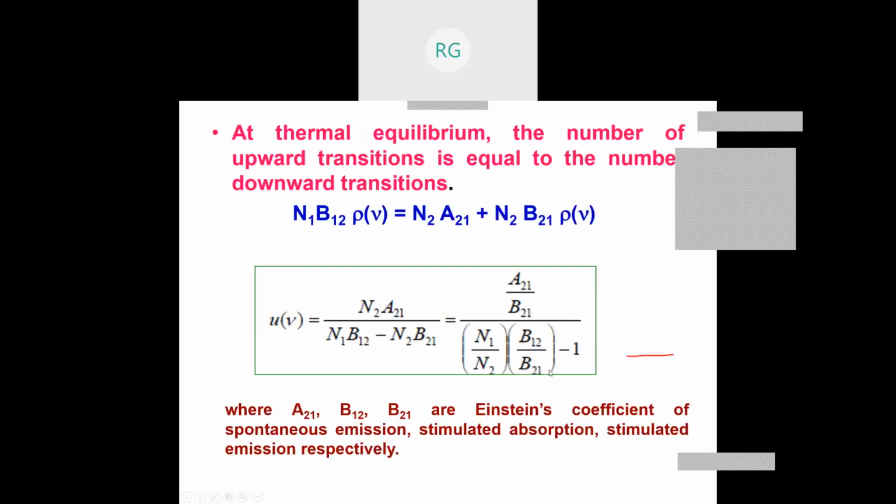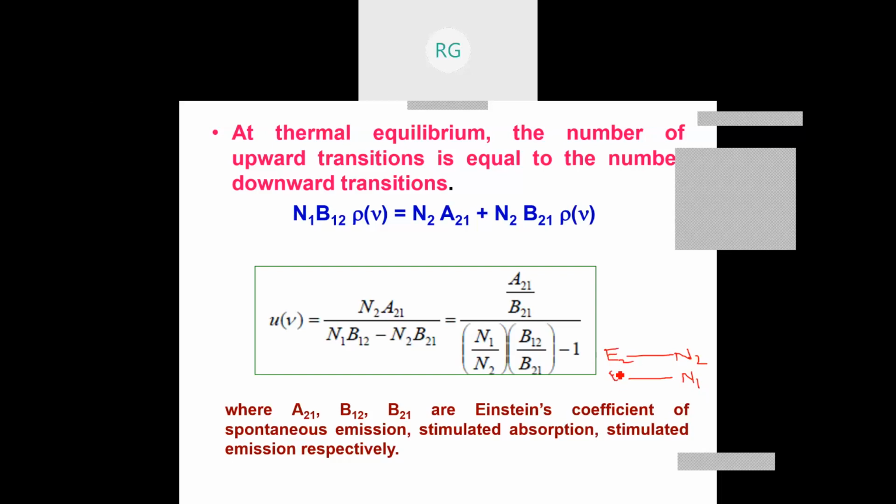Then we can now write here, this is the lower energy level, this is the number of atoms in the higher energy level N2, this is the number of atoms in the lower energy level N1, this is the higher energy level E2, and this is the lower energy level E1.